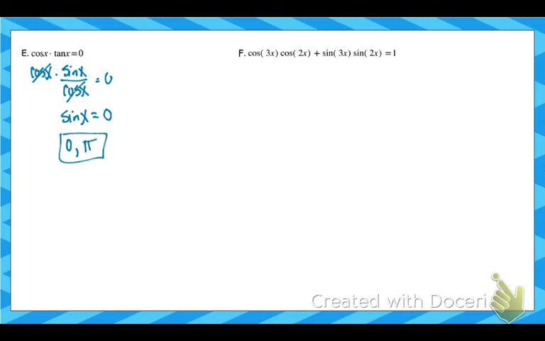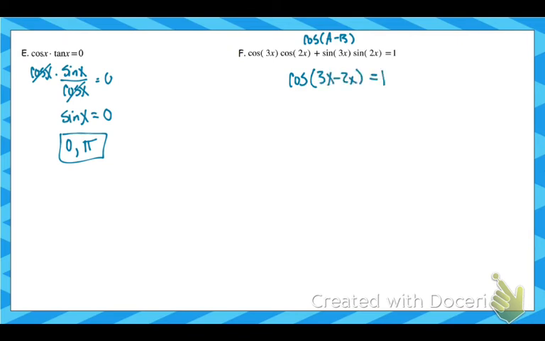All right, now looking at this next one, what we want to do here is think back to our sum and difference properties. Okay, so if we remember, we've seen something like this: cosine times cosine plus sine times sine. You can pull out your identity sheet if you need it, but that is the same thing as cosine a minus b. So I can replace this as cosine 3x minus 2x.